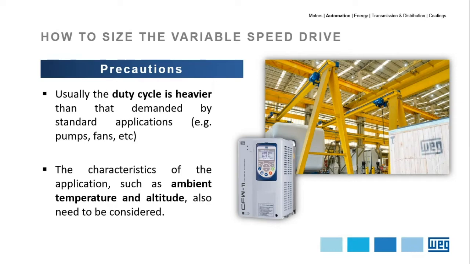Usually the duty cycle is heavier than that demanded by standard applications, for example pumps, fans, etc. The characteristics of the application, such as ambient temperature and altitude, also need to be considered. And you will find from the product user manual the derating factors when required by the application.